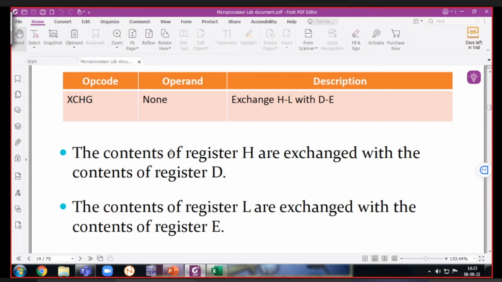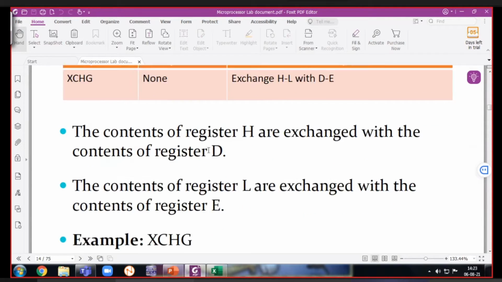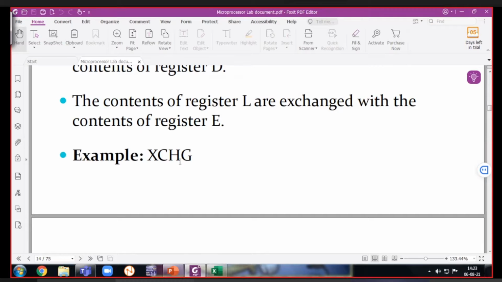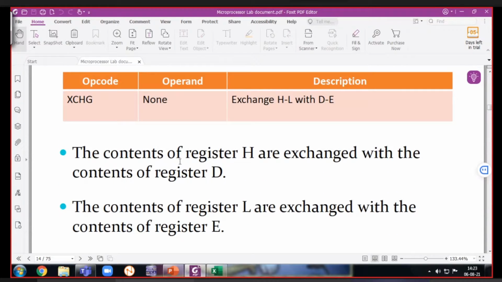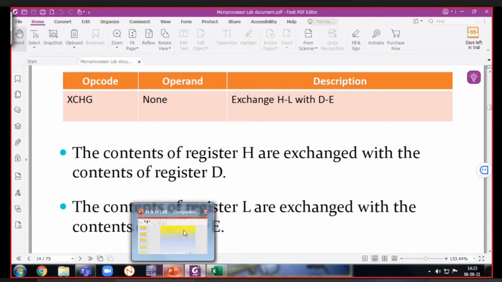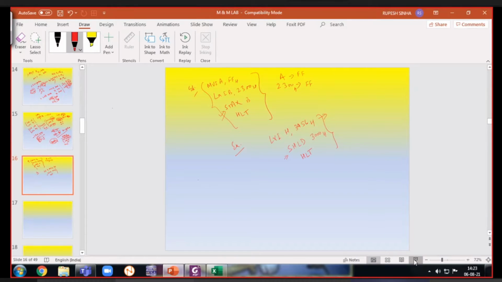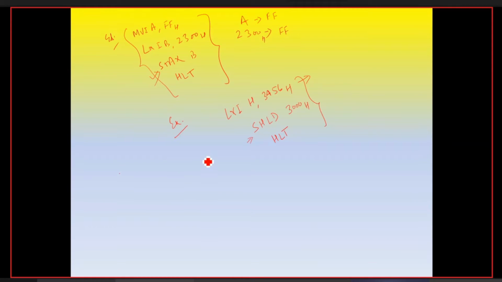Now how to use this? In this only written exchange. So how to use this? Suppose we have LXI H 1234, tough नहीं तो simple सा 2000.